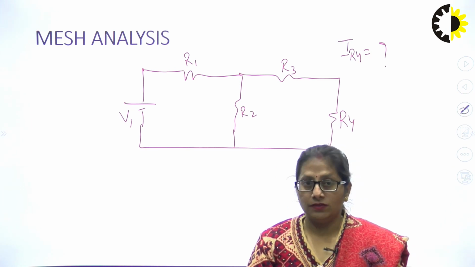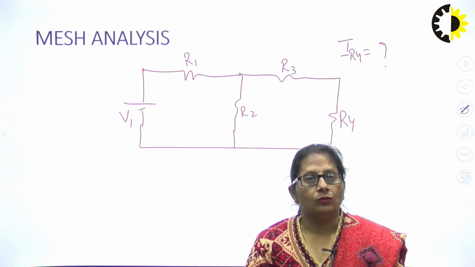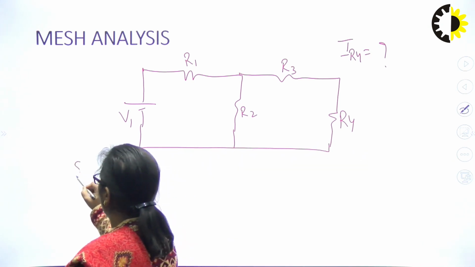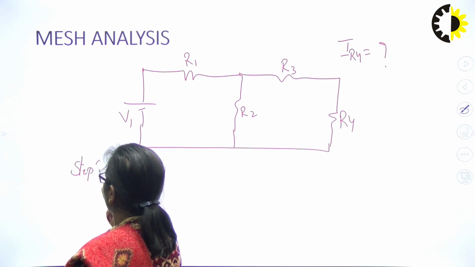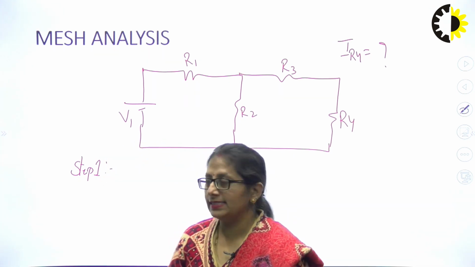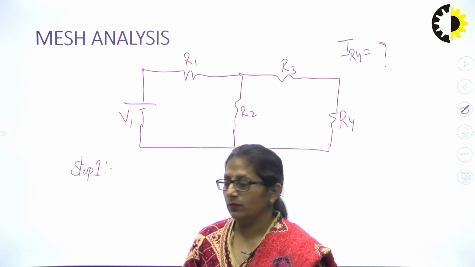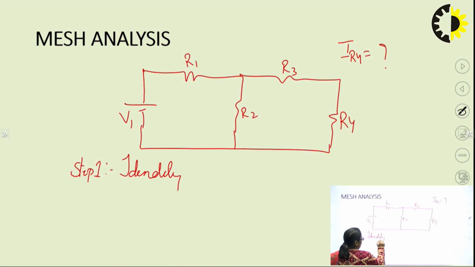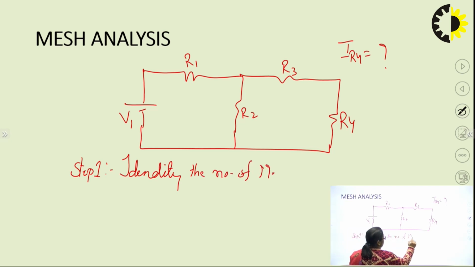We have to apply KVL in a closed loop. So, the very first step, step 1, would be to identify the number of meshes in a particular circuit. So, how many meshes are there in this particular circuit?